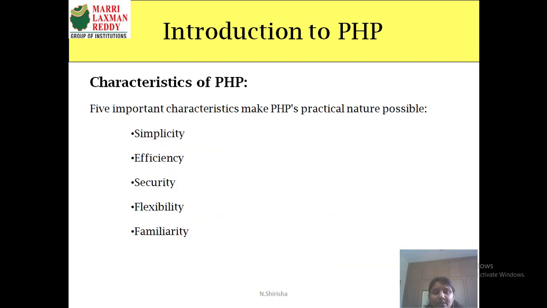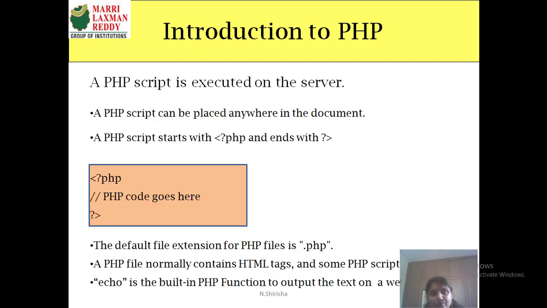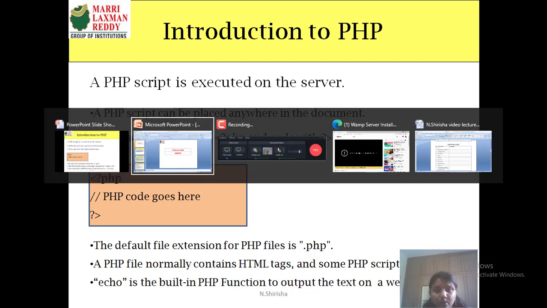So that is how it is very simple. So these are the characteristics: simple, efficient, security is provided, flexible in all operating systems, you can work on Unix, Linux and all, and familiar, so it is easy to understand also. Okay, so this is a sample code. So let me introduce the coding part.